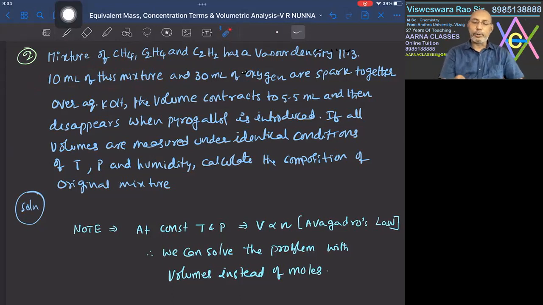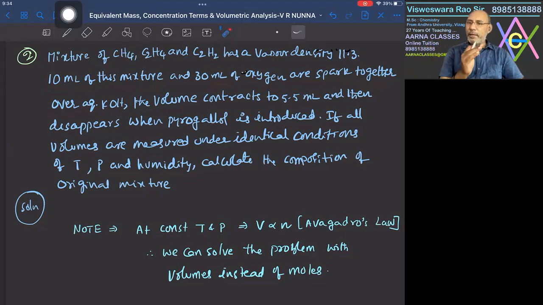So to find the composition, they took 10 ml of mixture. 10 ml of mixture is burned in the presence of 30 ml of oxygen, with a spark together. You are burning them, and you are passing the resulting gases over aqueous KOH. That means you will get carbon dioxide. All hydrocarbons burn to give CO2 and water.